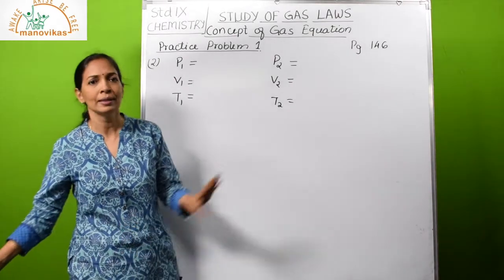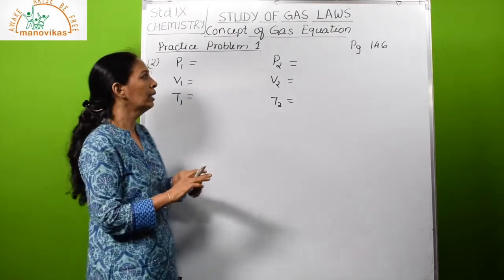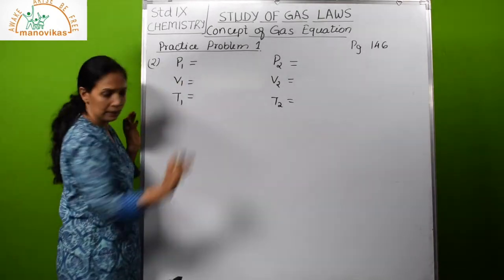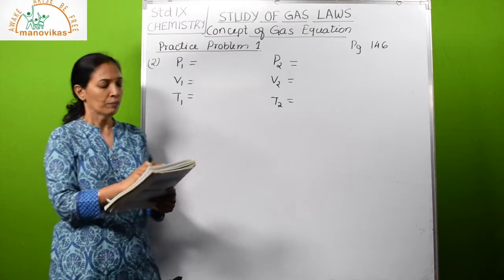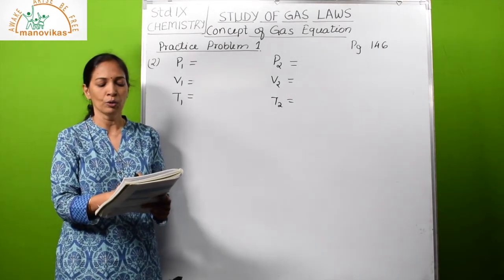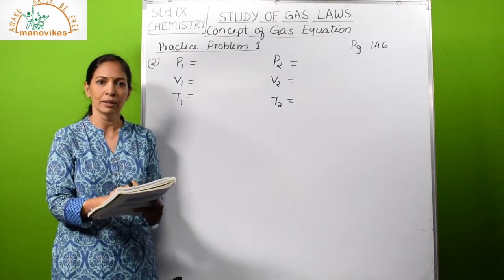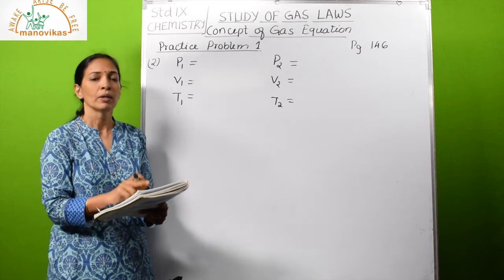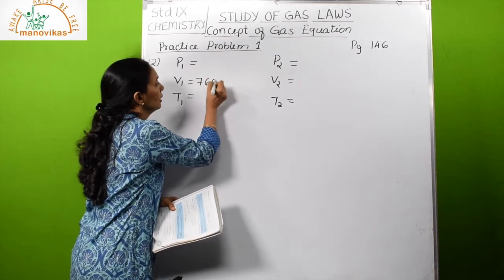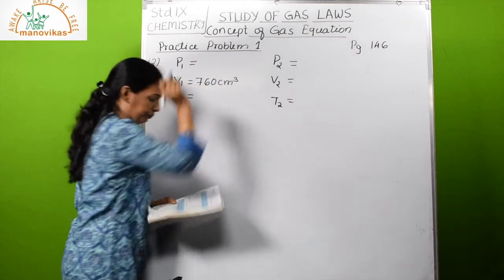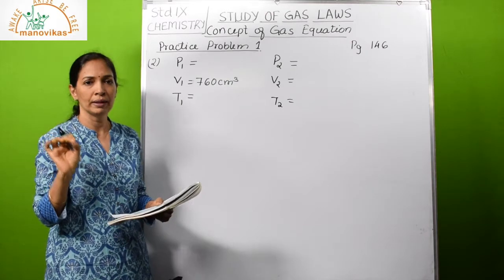Okay, so let us write the given values and find the unknown value. Let us start with the sum itself. A fixed volume of gas occupies 760 cubic centimeter, which is the initial volume, at 27 degrees Celsius.